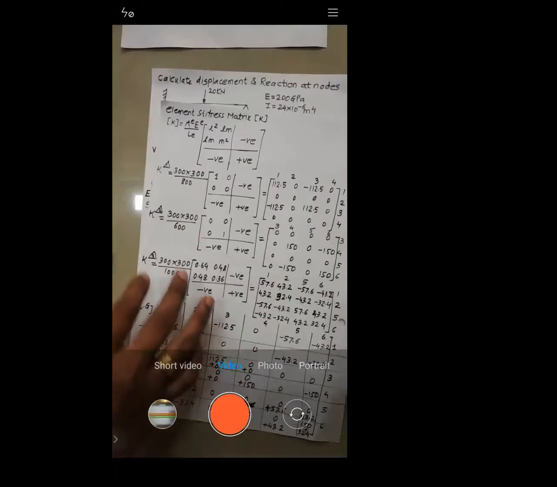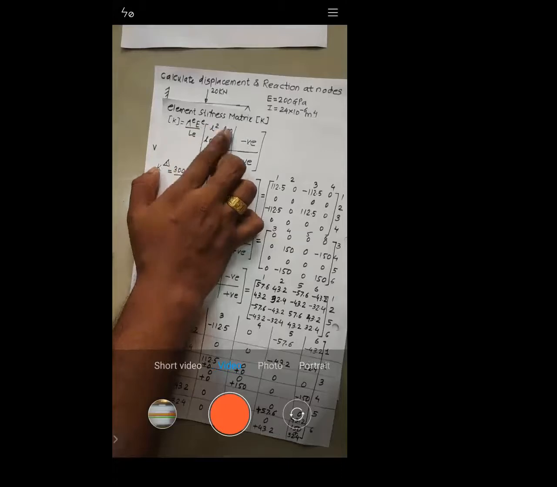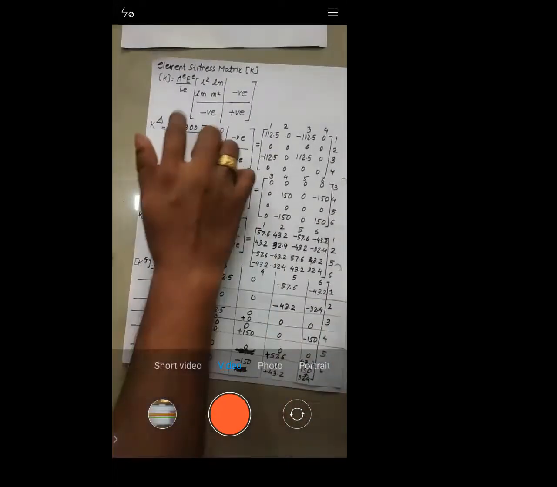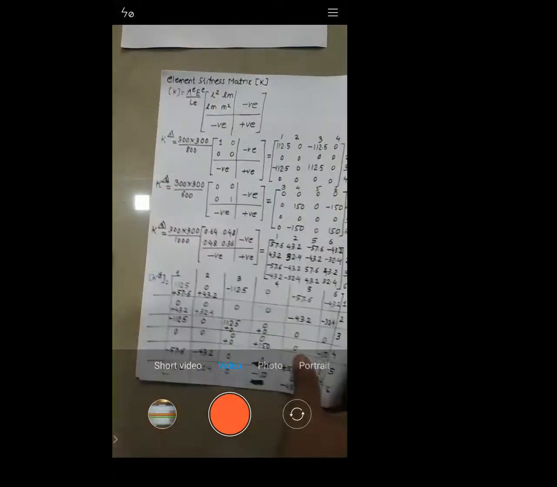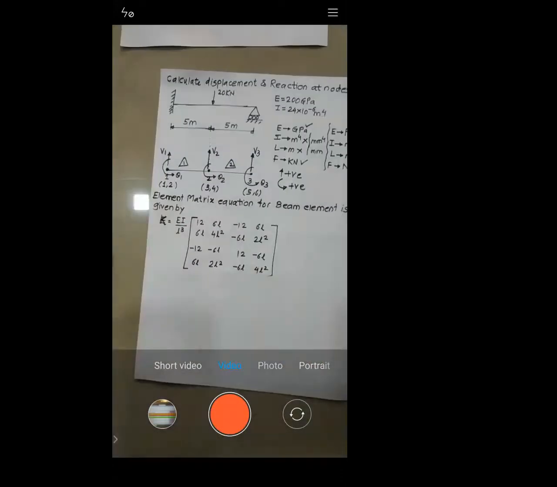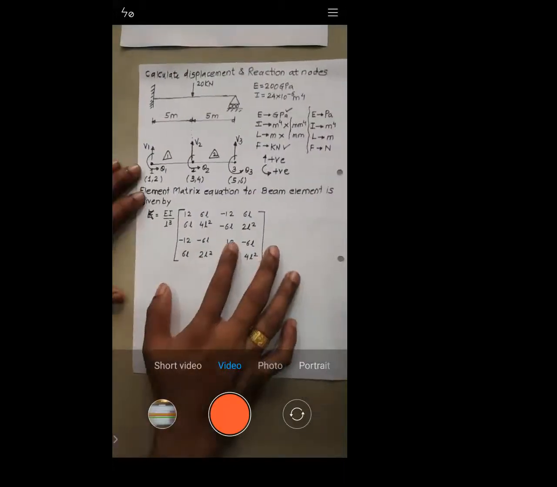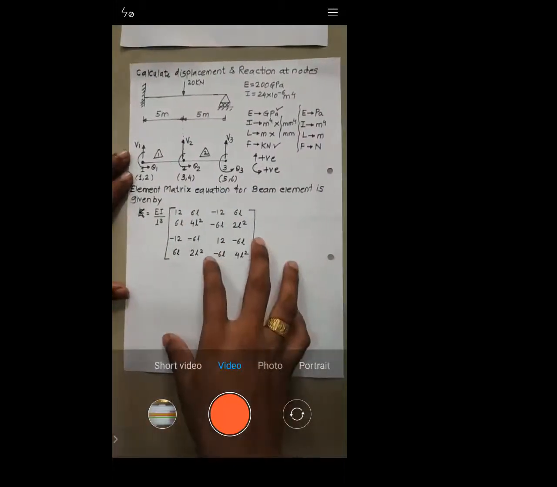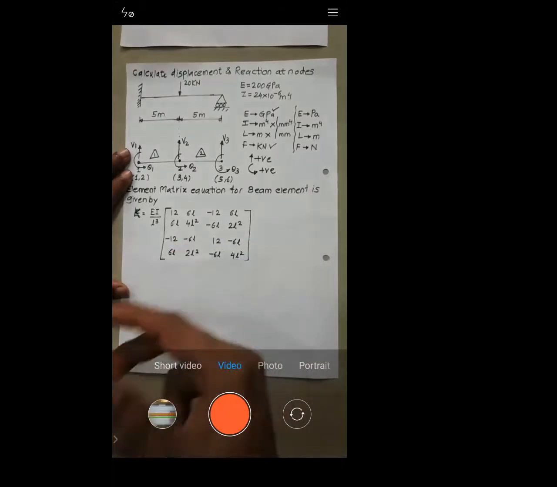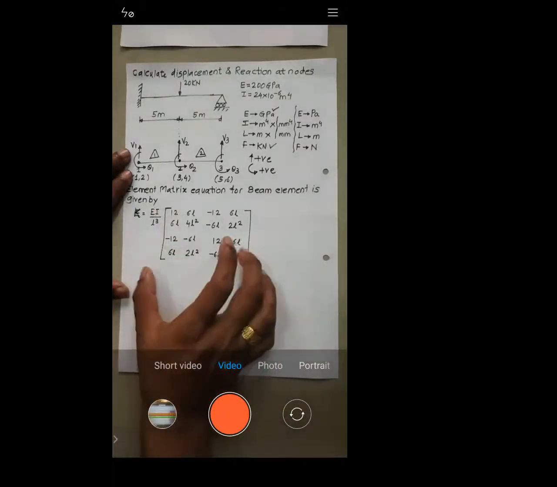AE by L square, L square, LM, M square. This was the EME for truss, right? Then here negative, positive. So in the similar manner, this is the EME for beam element. Obviously, the EME is going to vary from problem to problem, or from element to element. Here it is a beam element, so you have a different EME.